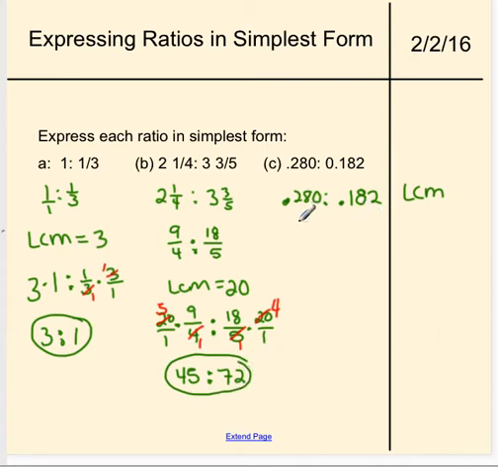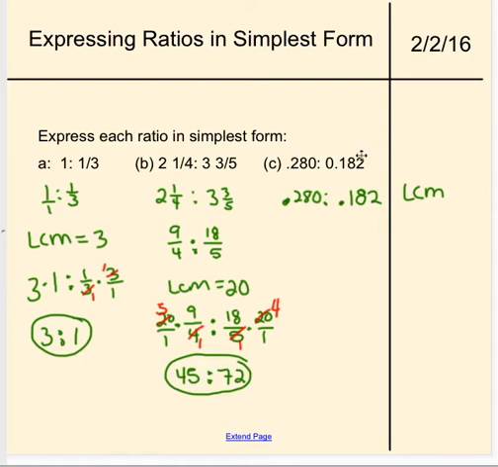The LCM method works with decimals too. We just have to spend a little bit of time to figure out what that least common multiple or least common denominator would be. And so if you think about the place values, we've got the units place, which would be a 0, tenths, hundredths, thousandths place. And this one is units, tenths, hundredths, thousandths place.